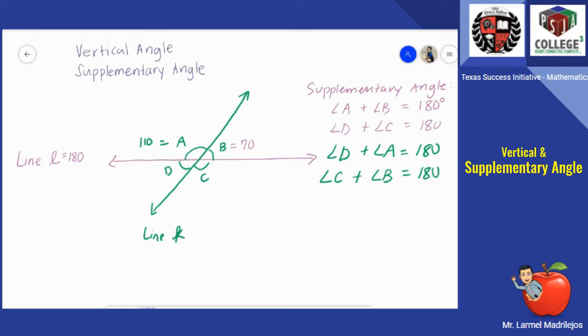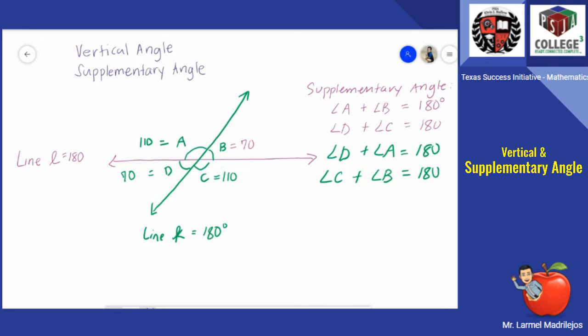Now on line K, the sum of B and C is 180 degrees. So if angle B is 70, subtracting that from 180 gives you 110 degrees for angle C. Same thing with angle D: if angle A was 110, subtract that from 180, it gives you 70 degrees.